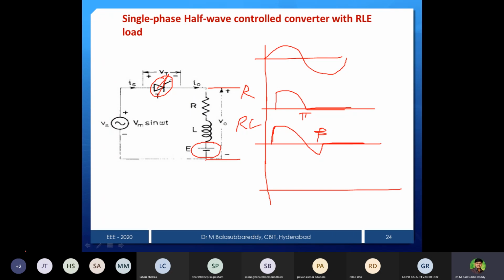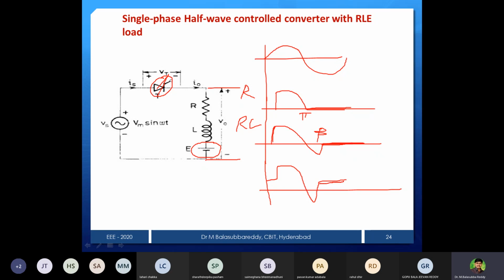So now in this RLE load, the battery is present even though the device is turned off at beta. The voltage will not be 0; it will maintain whatever voltage is present on the load side. Wherever the off state is there, it will maintain like this.